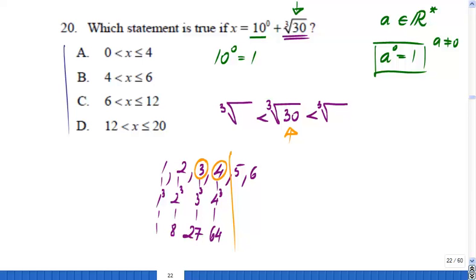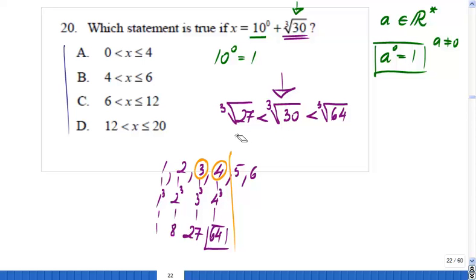3 cubed, that's what? 27. So I will definitely know that the cubic root of 27 should be less than the cubic root of 30. 4 cubed is 64, right? And I know that the cubic root of 64 should definitely be greater than the cubic root of my 30. But hold on, guys.